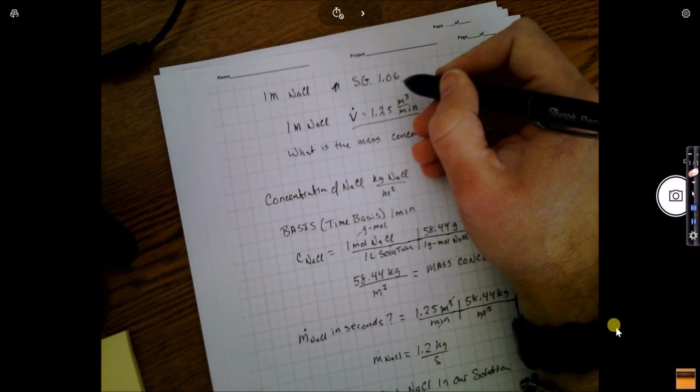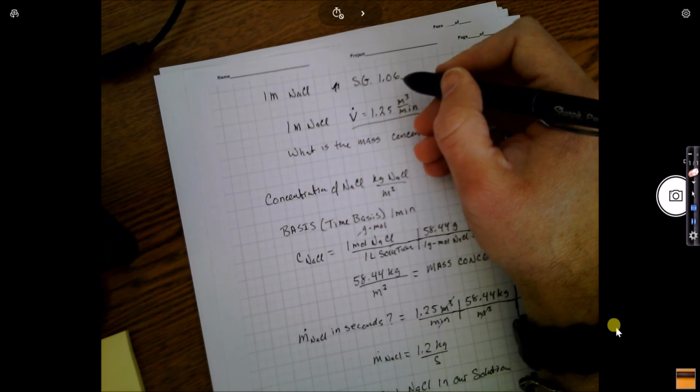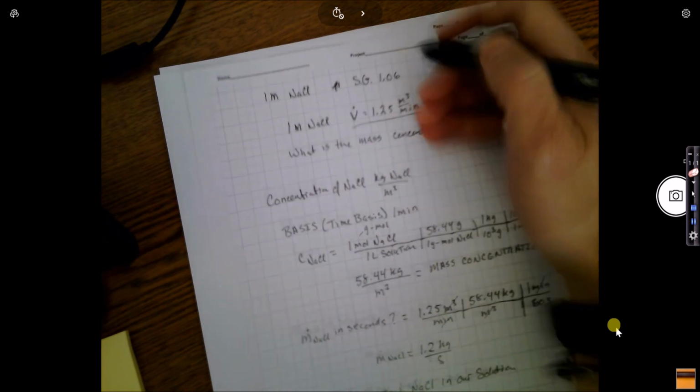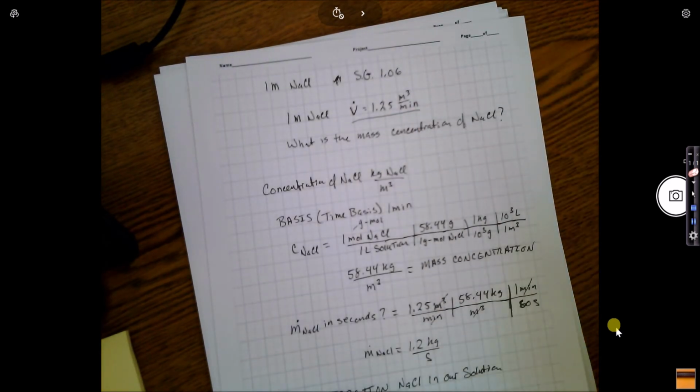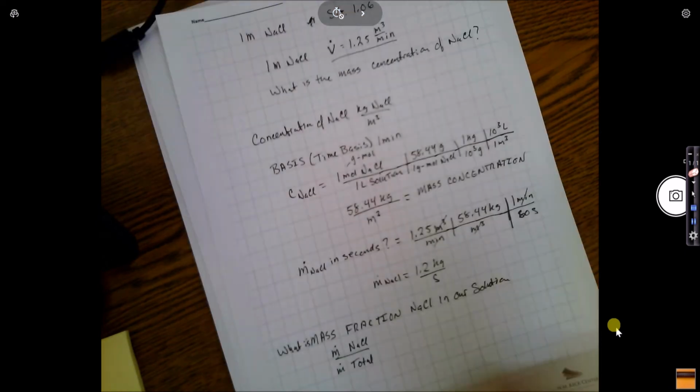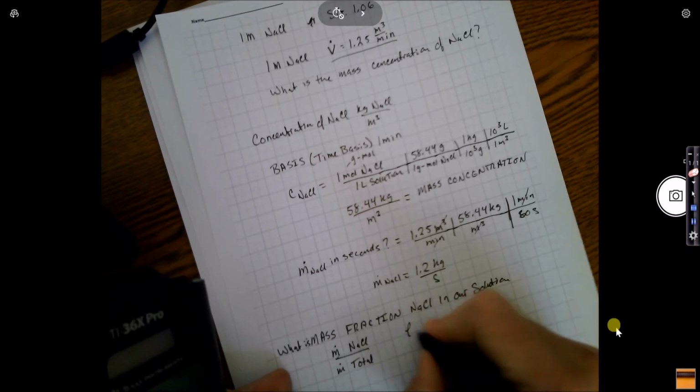And if you remember from the activity we did in class, you get your density by multiplying the specific gravity times the density of a reference. And the reference is generally water. And in this case, water is 1,000 kilograms per meters cubed. So we want to get the density of our solution.